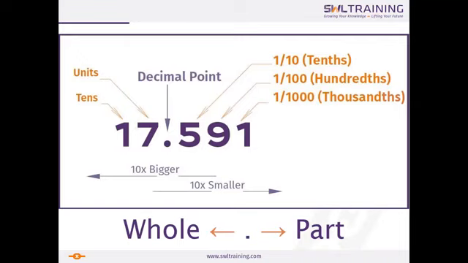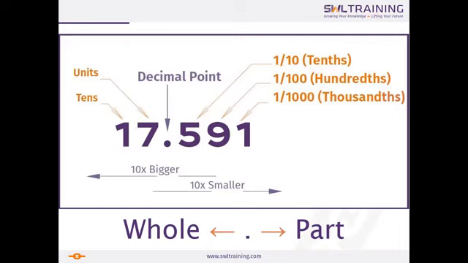So the first digit to the left will be units, then tens, then hundreds, then thousands, and so on and so forth. And numbers to the right of a decimal point are parts of a number, decreasing in value as you move to the right. So the first digit to the right of the decimal point is tenths, then hundredths, then thousandths, and so on and so forth.